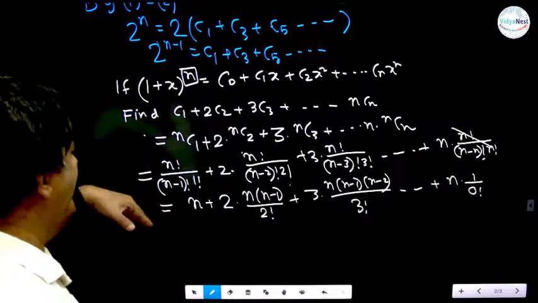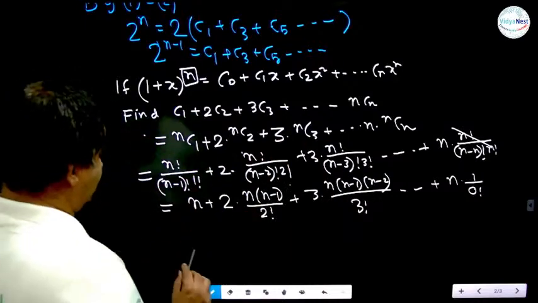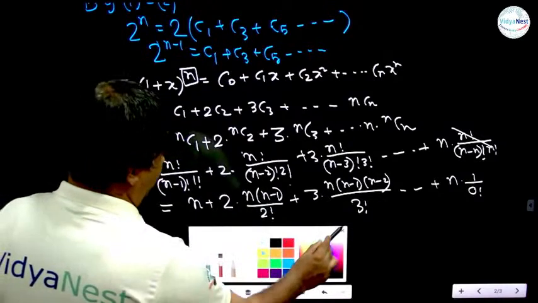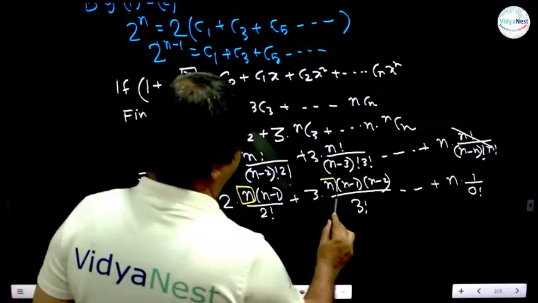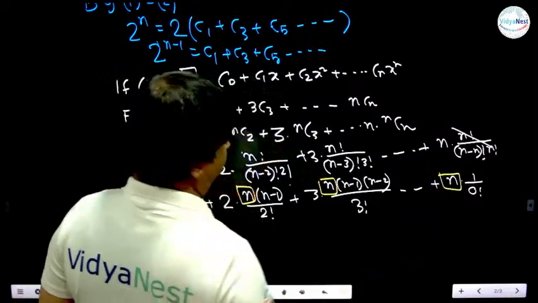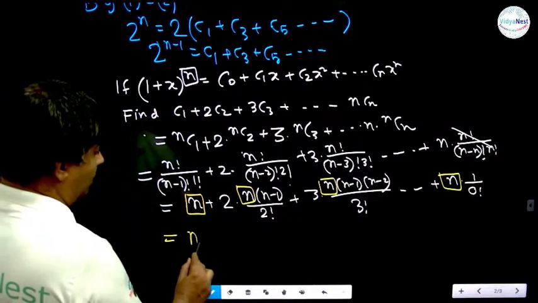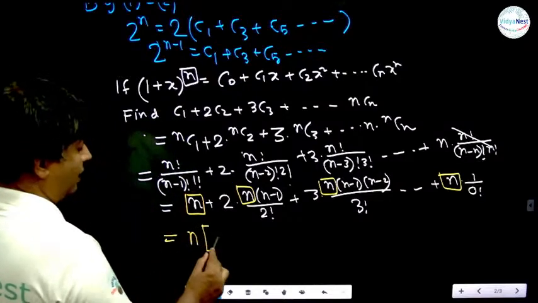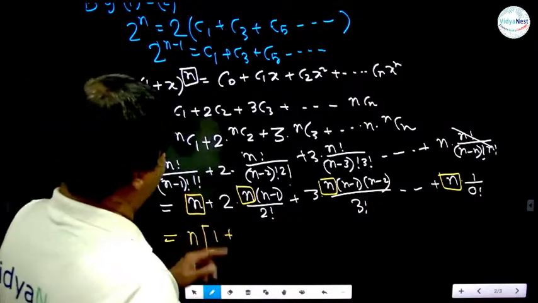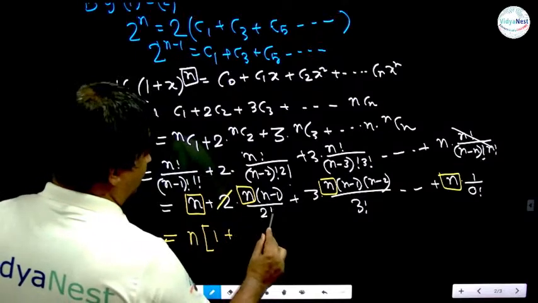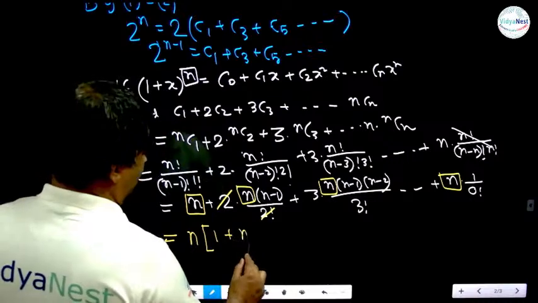Now in the whole expansion, what can I take common? What is the only common factor we can get? n, up to n. So we have taken n common, what will remain? Against this n, 1, then 2, the 2 also cancels with factorial 2, meaning 2 into n minus 1.